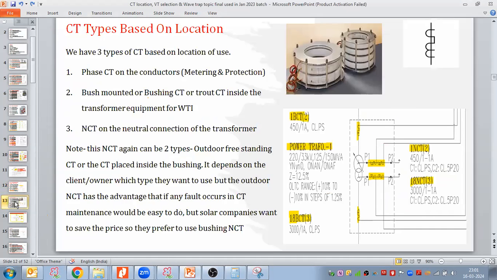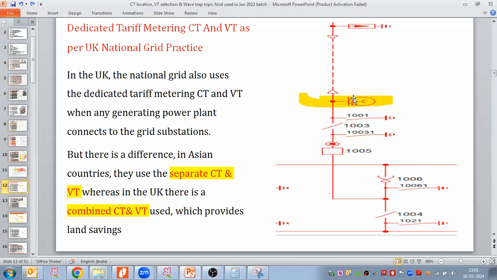Sir, I have one question regarding that combined CTPT. Is there any restriction to use the combined CTPT? We can use it at any level, even at 220 kV they are using combined CTPT.